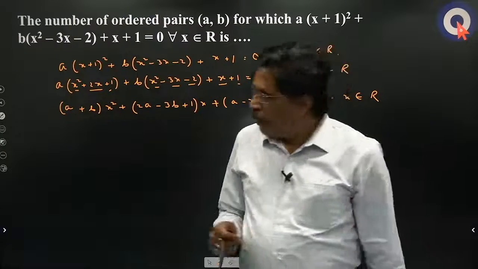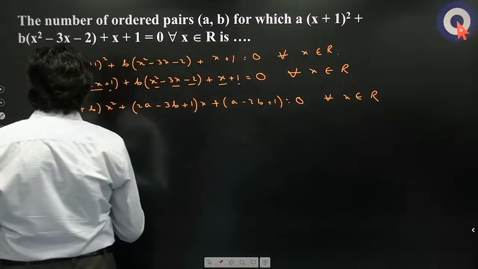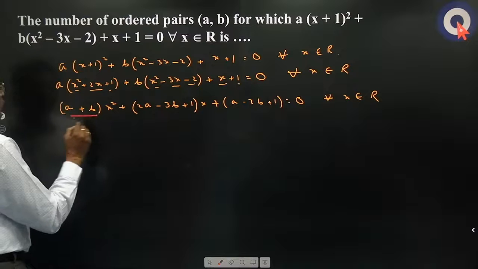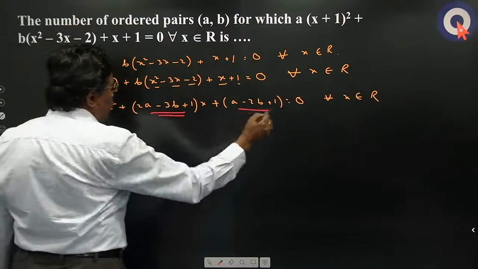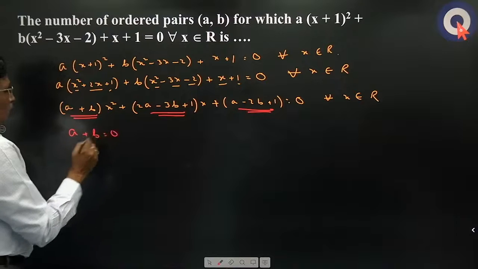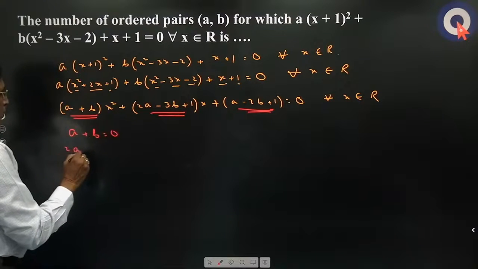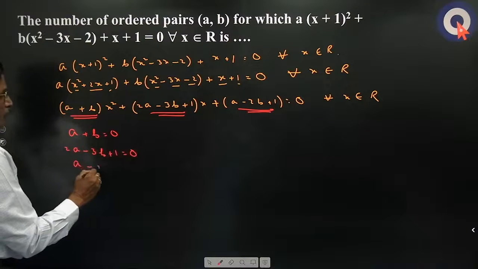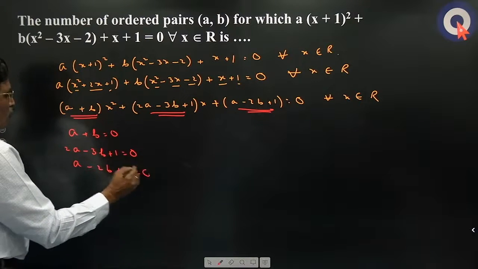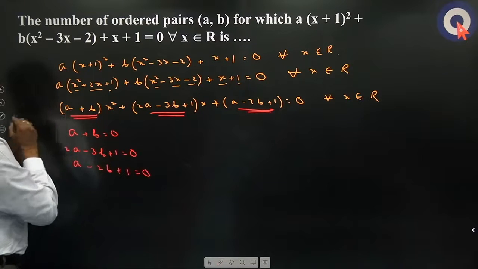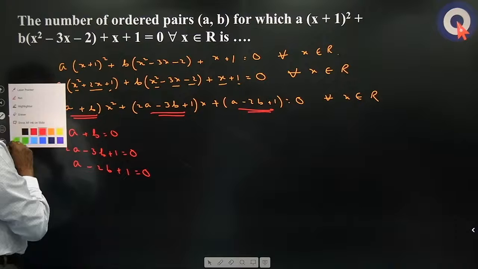That is possible only when each of these coefficients is equal to zero. So therefore, you must have a + b = 0. You must also have 2a - 3b + 1 = 0. You must also have a - 2b + 1 = 0. We can take any two equations and solve them, and the values obtained must be satisfied by the third one.